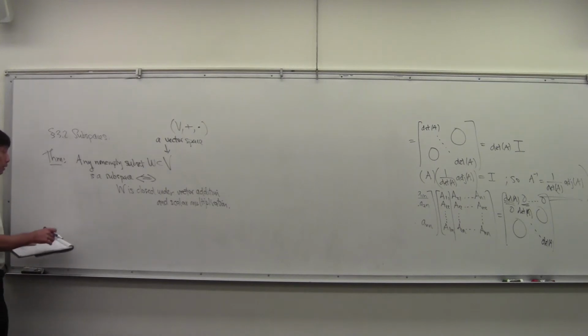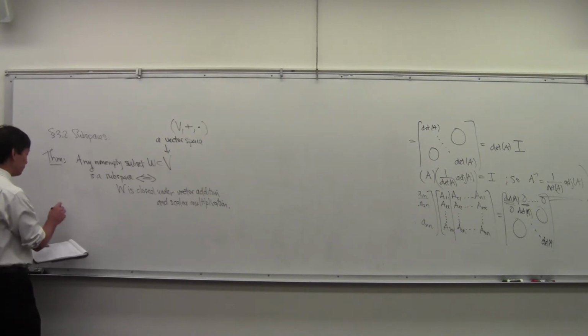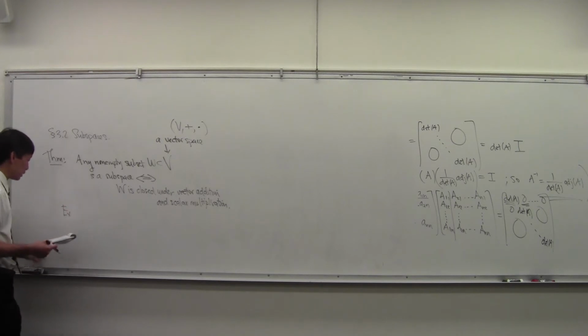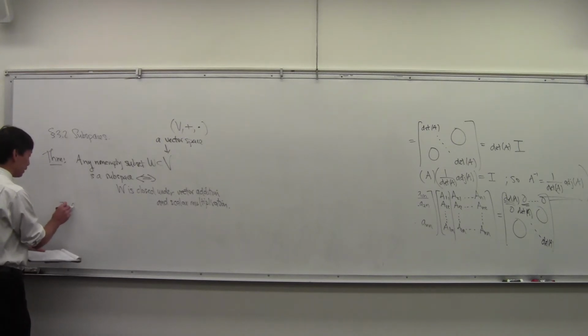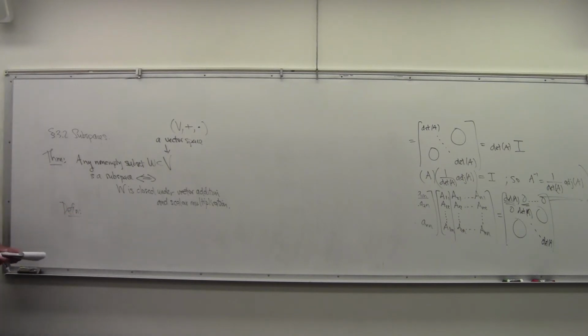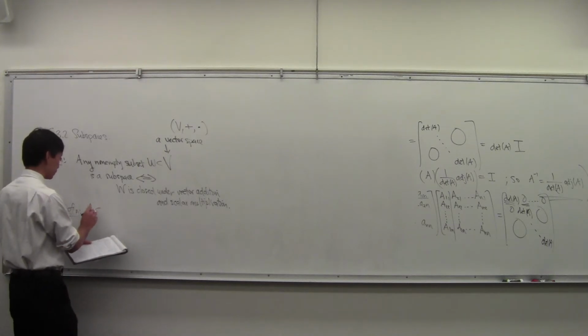Okay, so let's do an example. Actually, this is not an example. Let me introduce another definition. This is the thing that I do consider fair game for the term: the notion of null space.